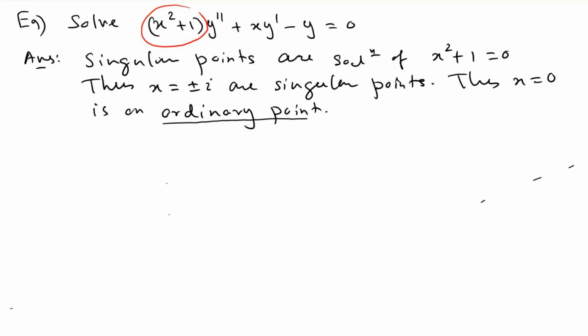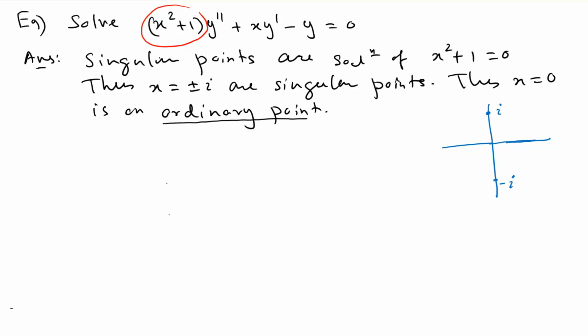Let's look at the graph of this. Where are those points? If you try to plot these two points, you can see one i is there, and the negative i is sitting there. So those are singular points. That means you cannot touch these points. So we can look at a circle which does not pass through those points.